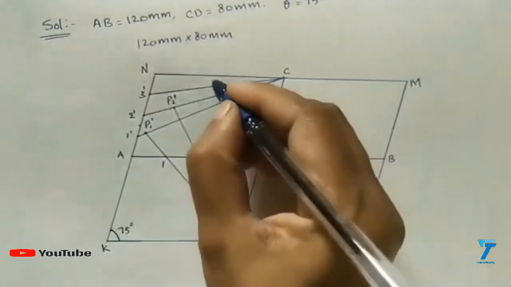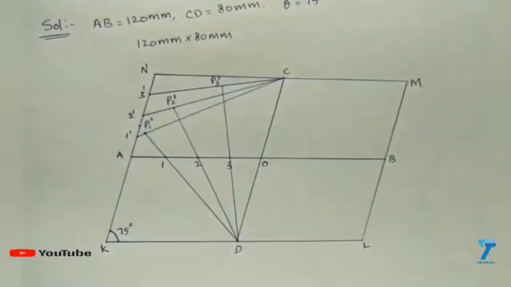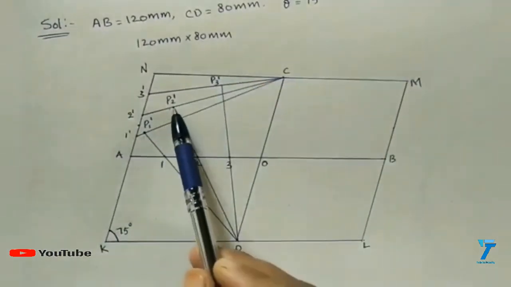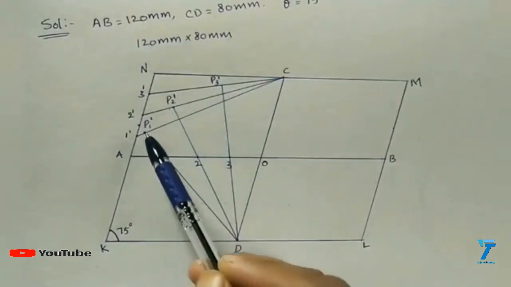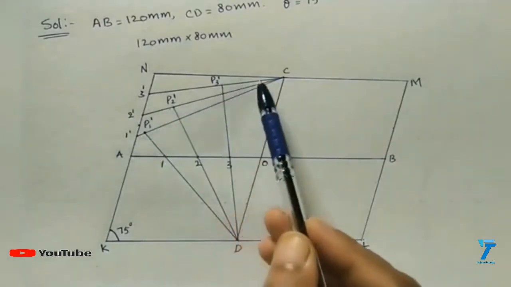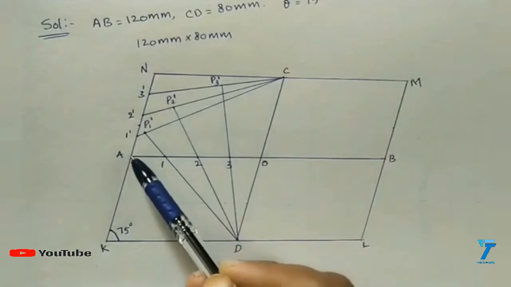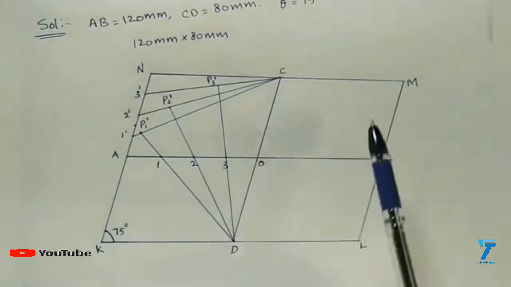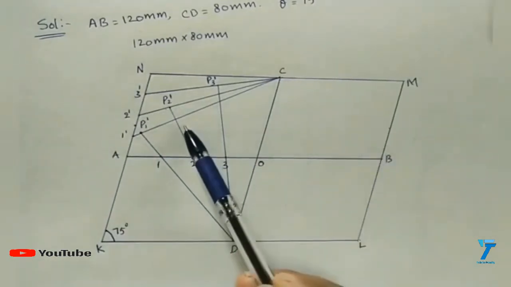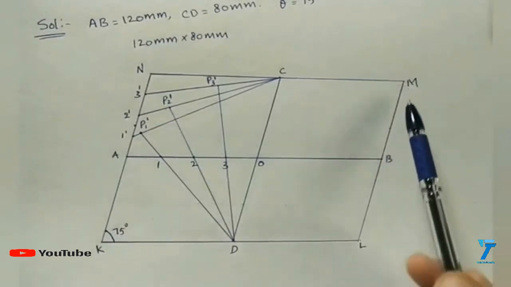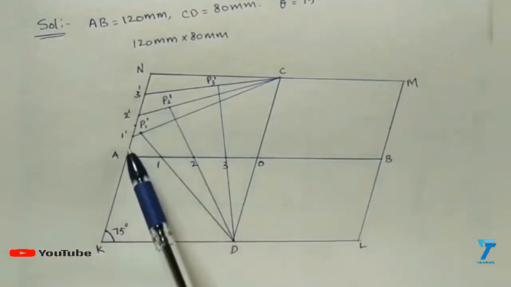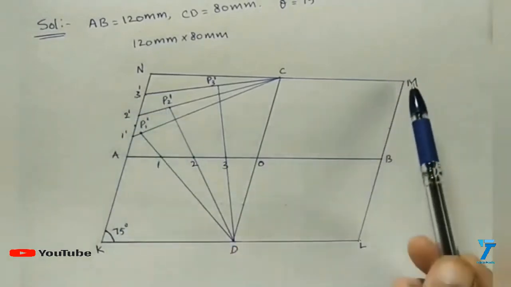Now we are getting the P3 dash. After getting P1 dash, P2 dash, P3 dash, if we join all these P points through A and C, we will get 1/4 of the ellipse. For getting the ellipse here, we have to follow the same procedure as we did here. First divide this MB into 4 equal divisions. Whatever divisions we did, same divisions here.